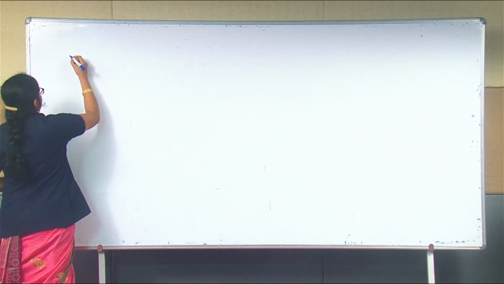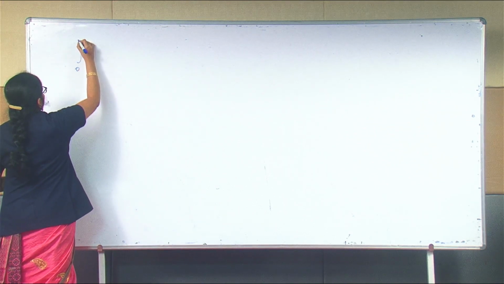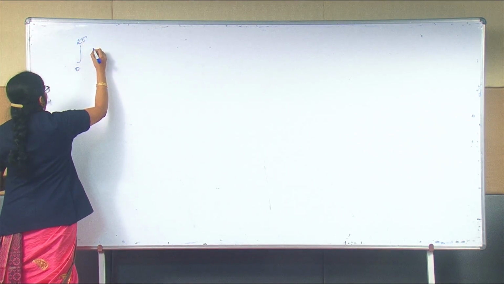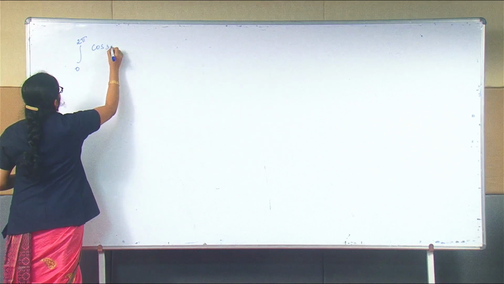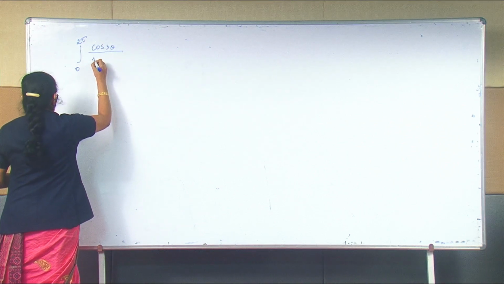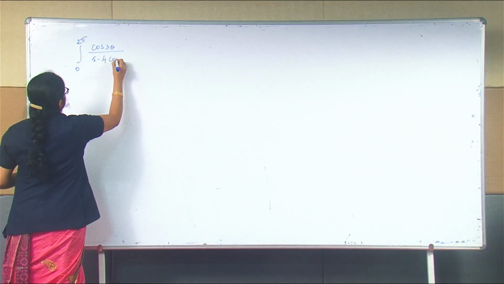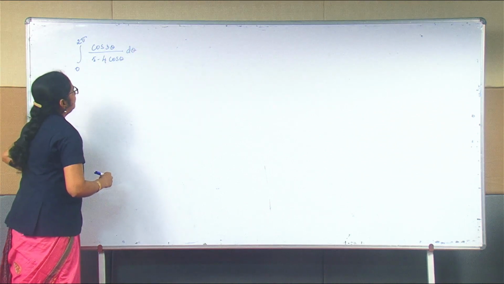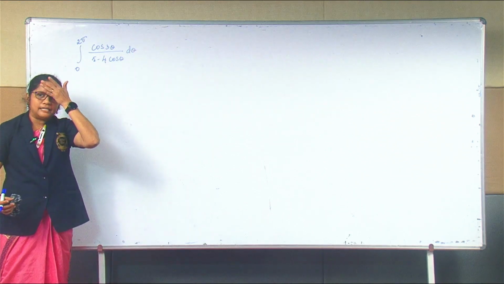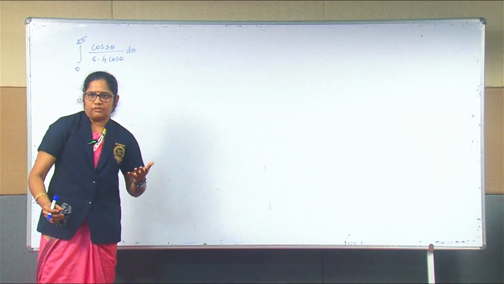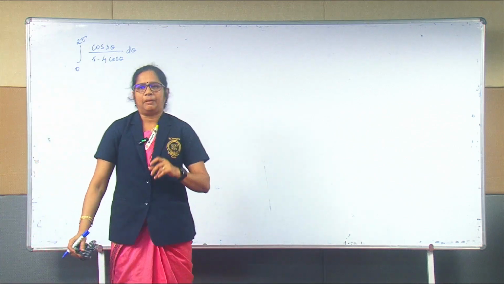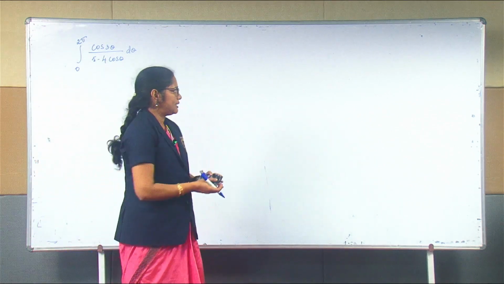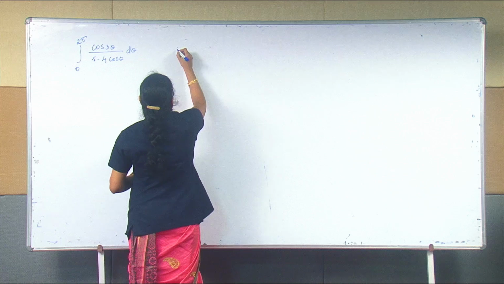So that problem is evaluate integral 0 to 2 pi cos 3 theta by 5 minus 4 cos theta d theta. Okay, see, the denominator cos theta is known to us. Already we know how to replace that cos theta. So just replacement.